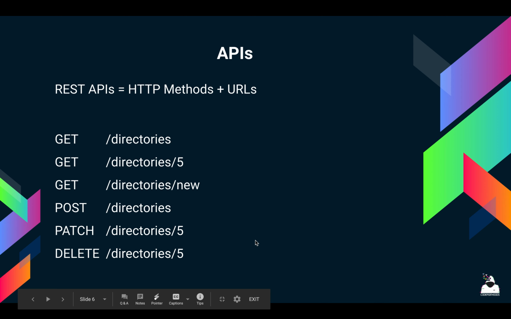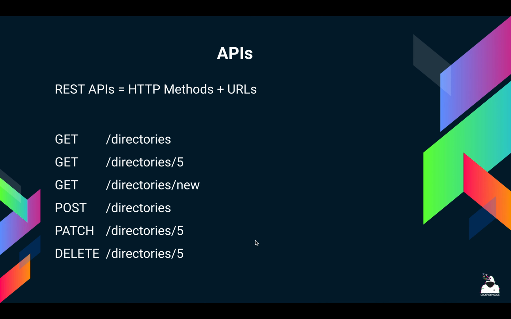So this is an example of how we can use a smaller number of URLs combined with all of the HTTP methods to produce a relatively easy to follow set of rules, combinations that are relatively user-friendly.